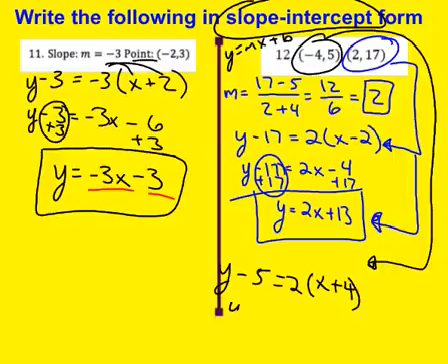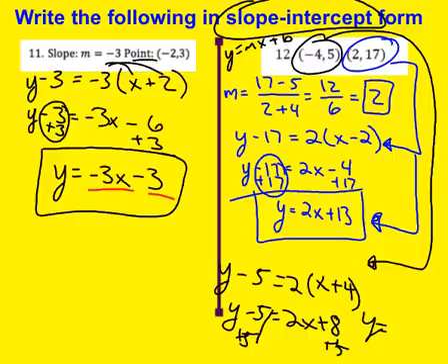So y minus 5 equals 2x plus 8. And I would add 5, and this goes to 0. I would have y equals 2x plus 13.